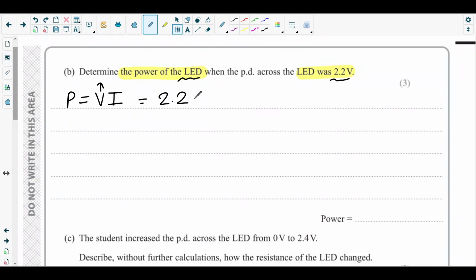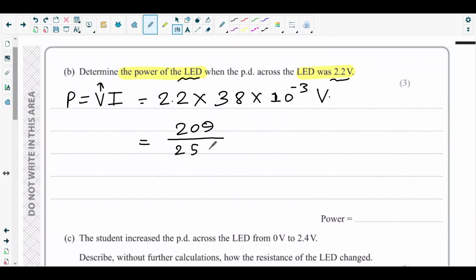So 2.2 times 38 milli, which is 10 to the power minus 3. Okay, so the power is basically 2.2 times 38 times 10 to the power minus 3. So that would give you 209 over 2500.